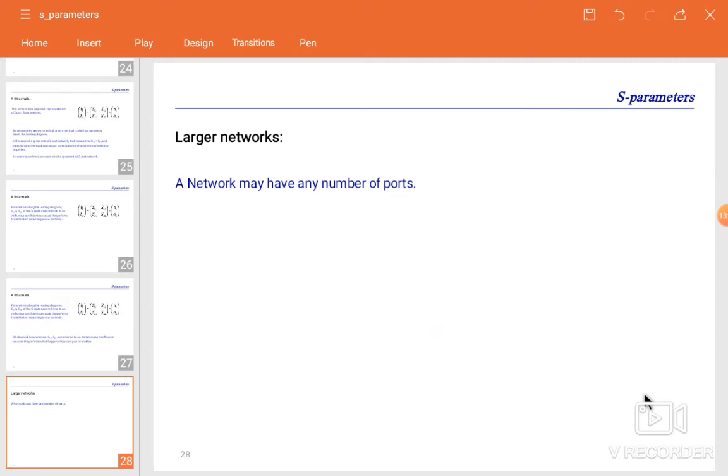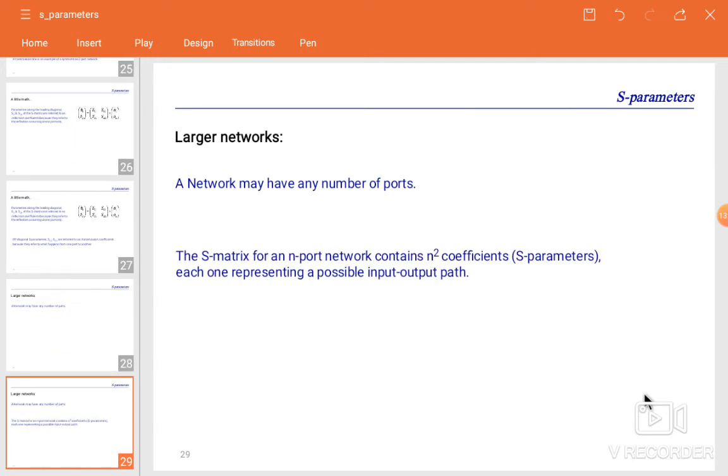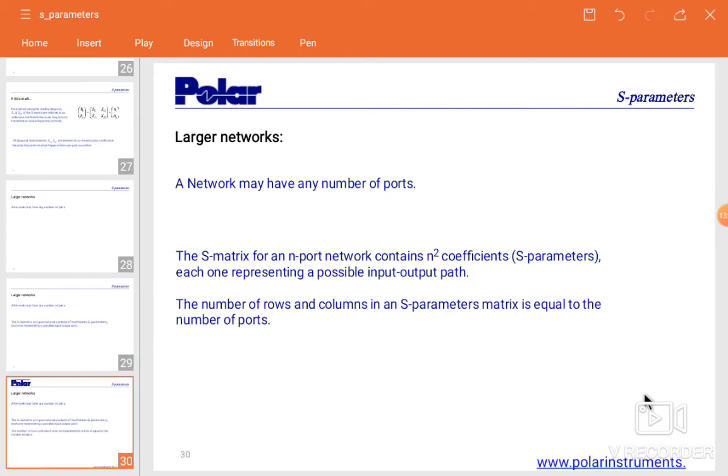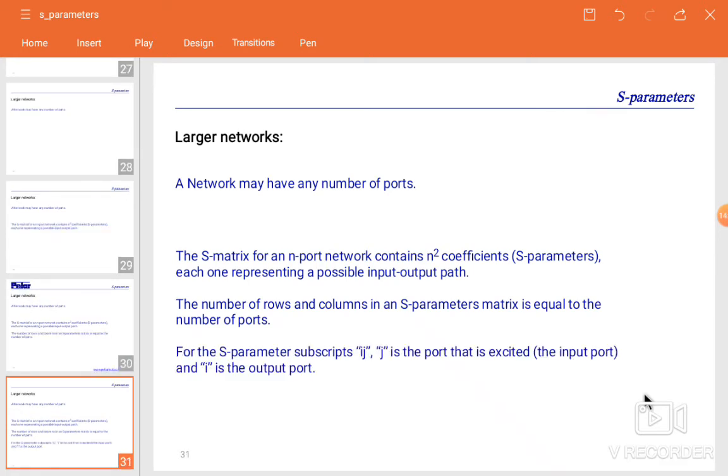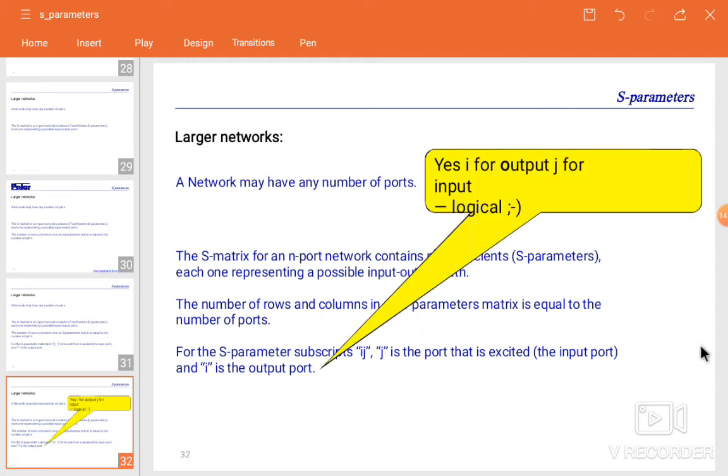If we consider a larger network with any number of ports, meaning n ports, the S matrix of the n-port network contains n squared coefficients of the S parameter, each representing a possible input path. The number of rows and columns of the S matrix is equal to the number of ports.